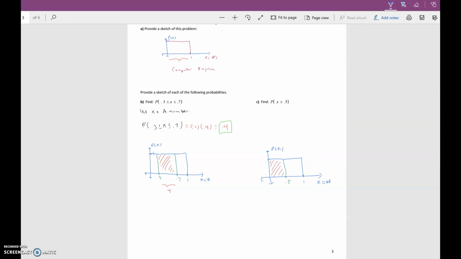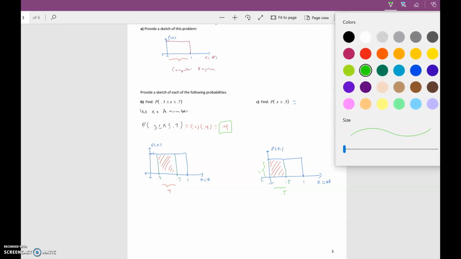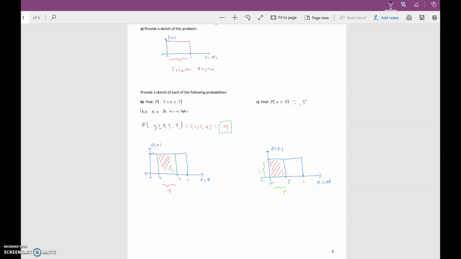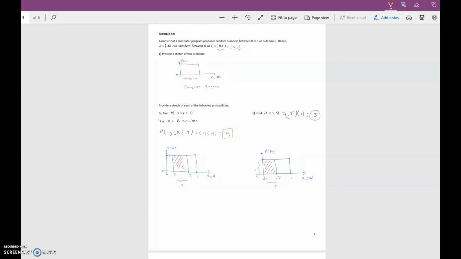So our probability, in this case, well, half of it, it's going to be 0.5 with the height of 1. So this is going to be 0.5 times 1, which is equal to 0.5. That's going to be the probability that the number happens to be less than or equal to 0.5.